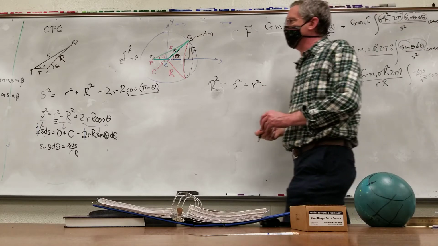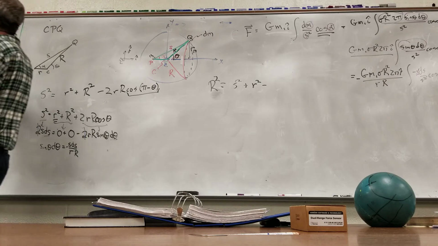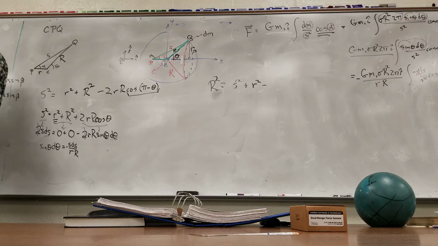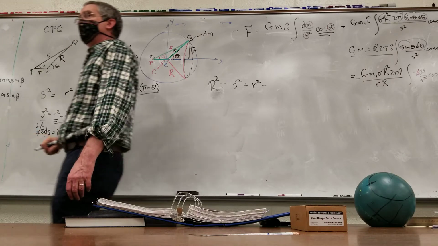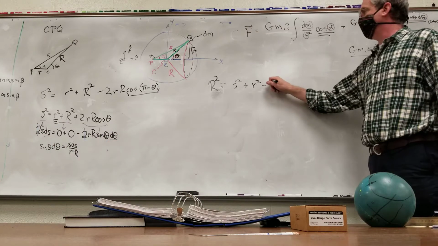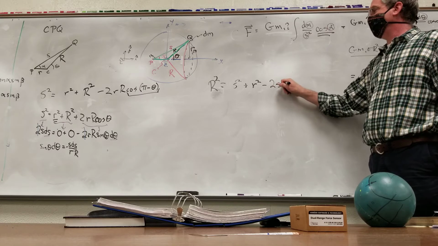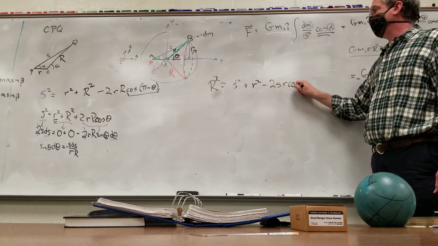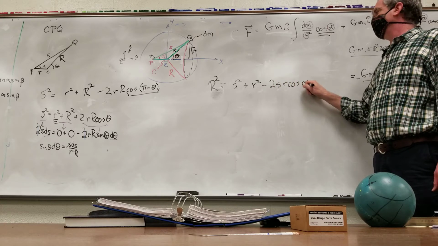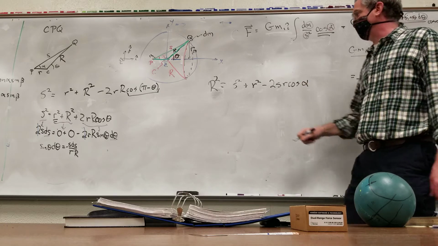No, the law of cosines always starts out with, you got the three different sides here. One of them squared is equal to the sum of the other two squares, and then the minus sign shows up. And it's R. Little r. There we go. Now we can solve for cosine alpha.